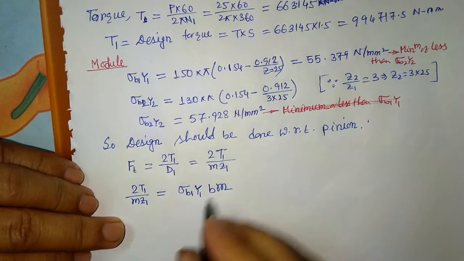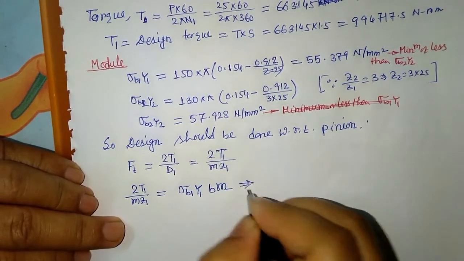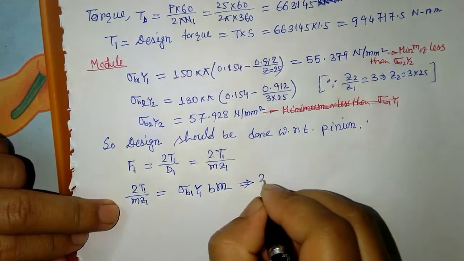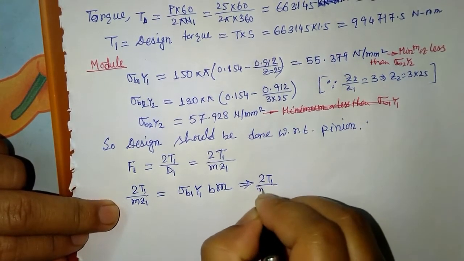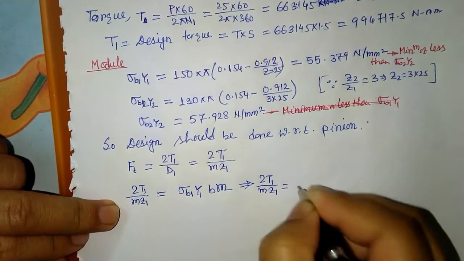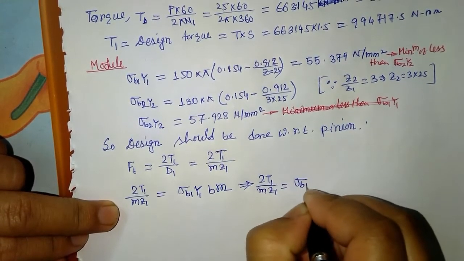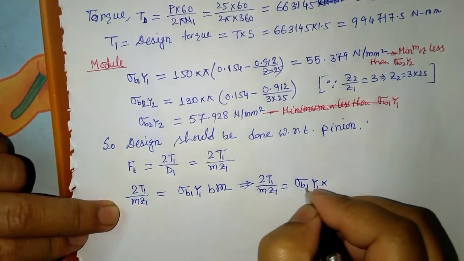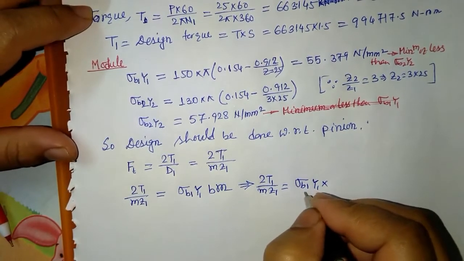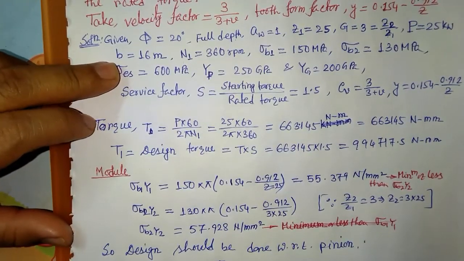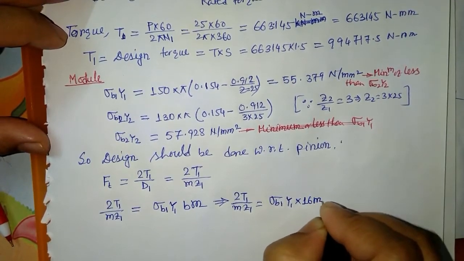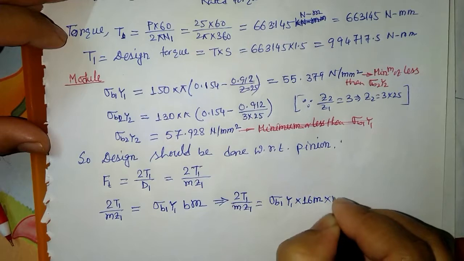Now if we put in the values, we have to find the module M. 2T1 by M into Z1 is equal to sigma B1 Y1 into B. B is our face width, and here the face width is given as 16 m. So here you put the value of face width, that is 16 m into m.